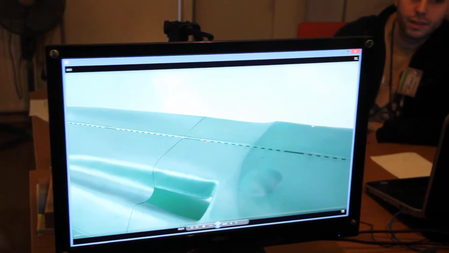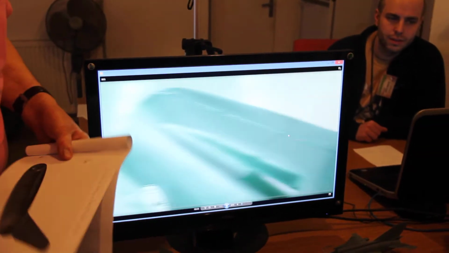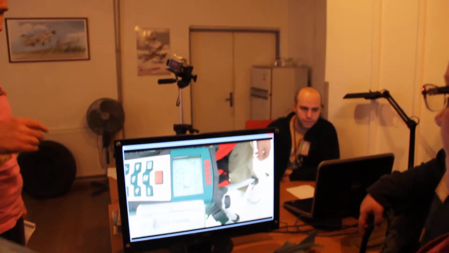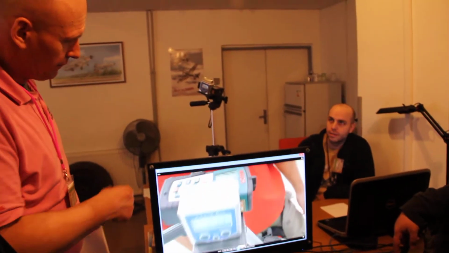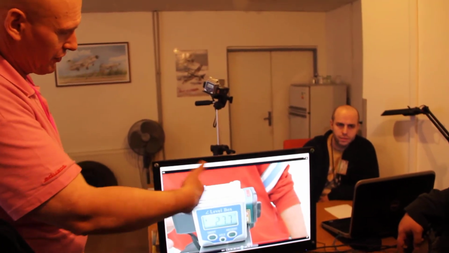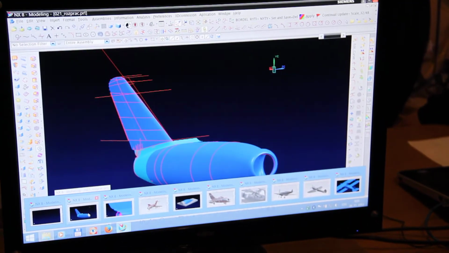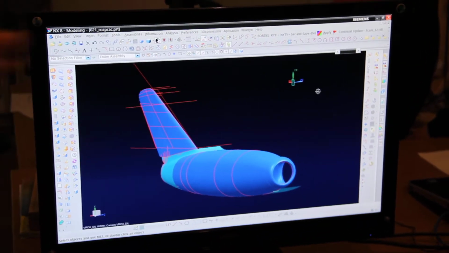The blueprints here. So, when we have the blueprints, when we have the shape of the model, then we have a very basic shape. When the measurement is taken, you can see here on the screen, we are doing the design of our kit.